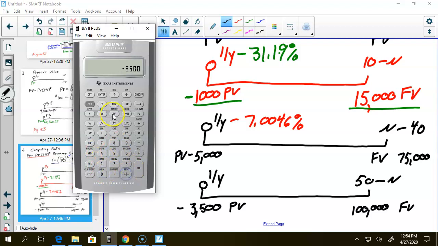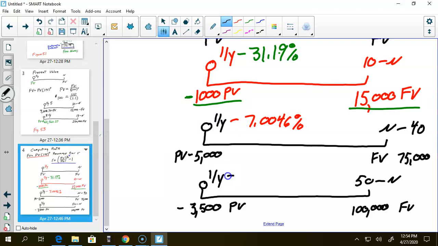So let's see what we have. And then 100,000 for future, and interest rate 6.9347. So that was 6.9347, and that's not a bad interest rate. That's very doable with stocks and bonds. And we'll talk more about that in the coming chapters.